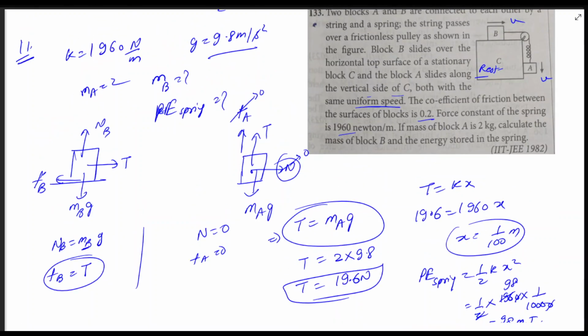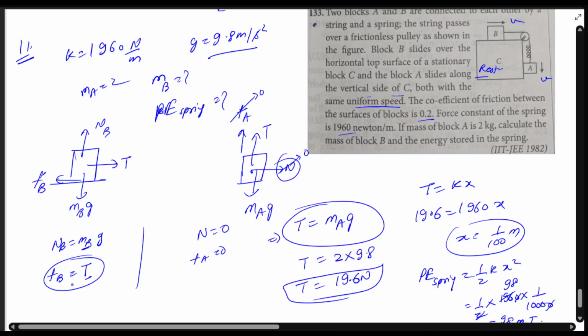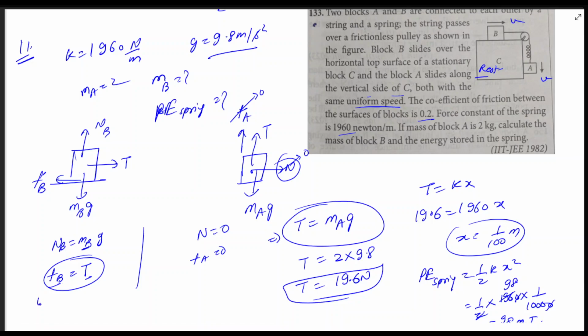Now we have to find the mass of P. So look, FB is equal to tension, and tension we know, right? So look, FB is what? It will be mu MBG equal to tension, which is 19.6.